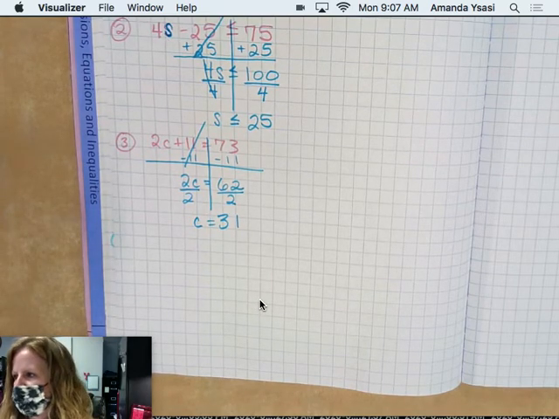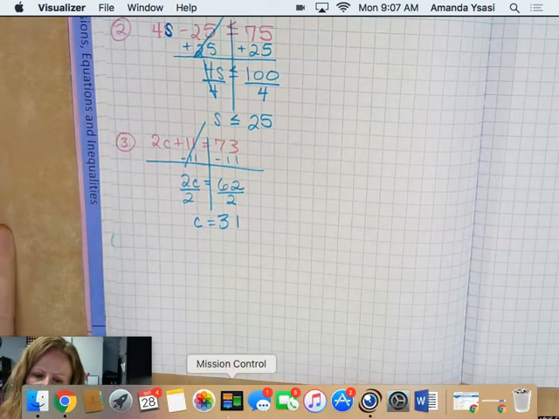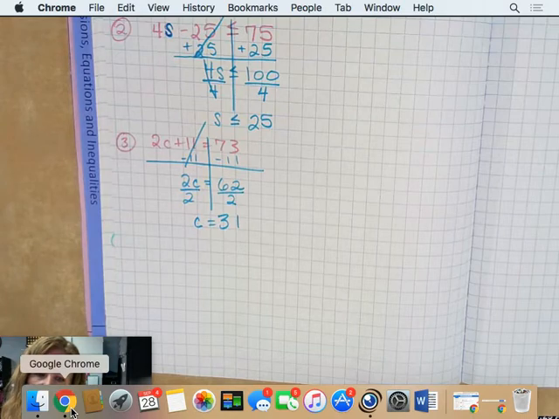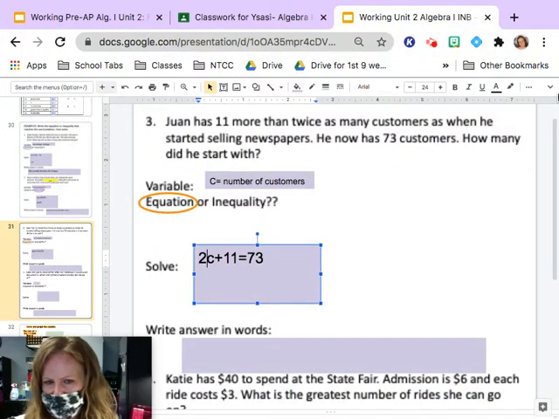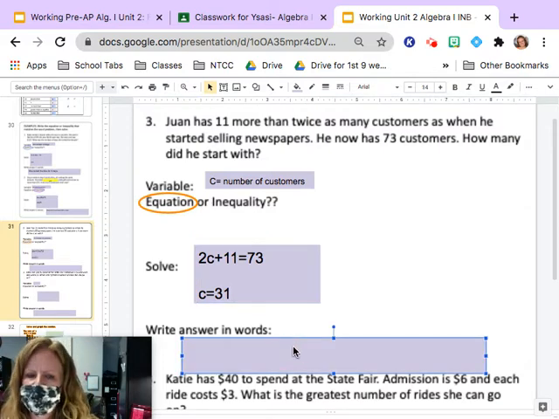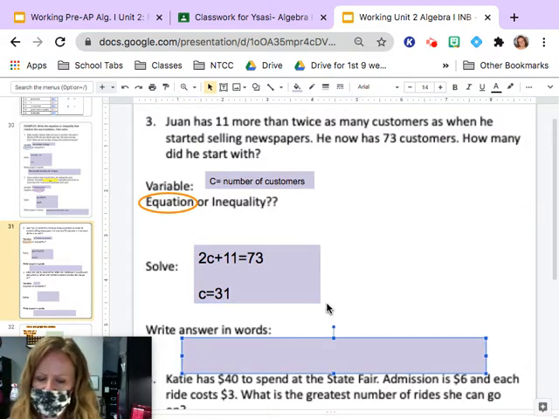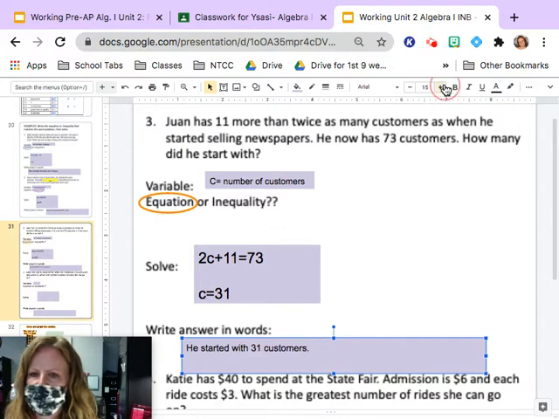So we need to write that in words. C equals 31. Write your answer in words. How many did he start with? 31 customers. Yes. Started with 31 customers.